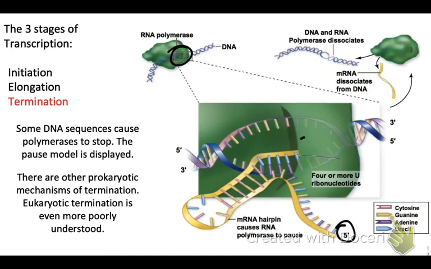Here's its 5' end, and here it would be where its 3' end is. So what happens in bacteria is, as the sequence is synthesized 5' to 3' and gets close to the end of the molecule being made, there's a sequence that's built in that can fold back on itself and form this hairpin structure.